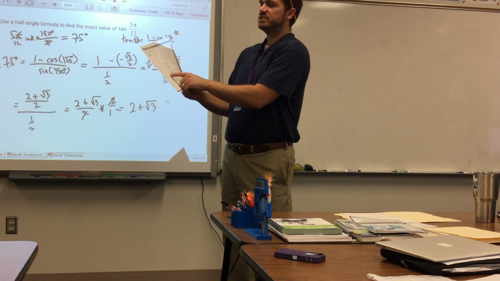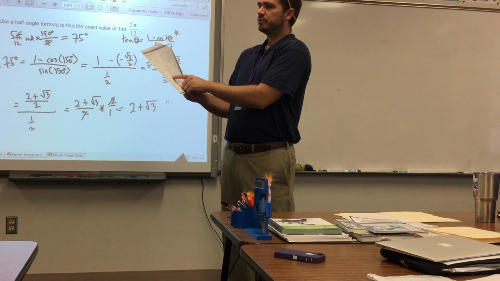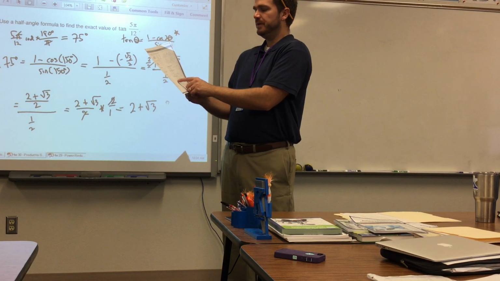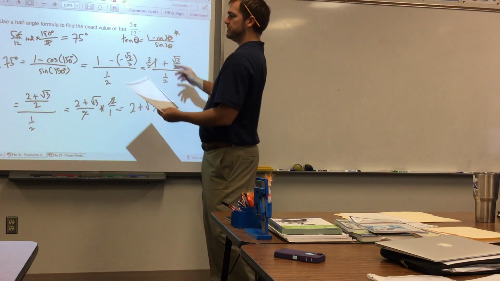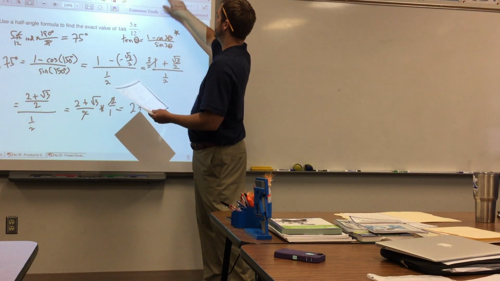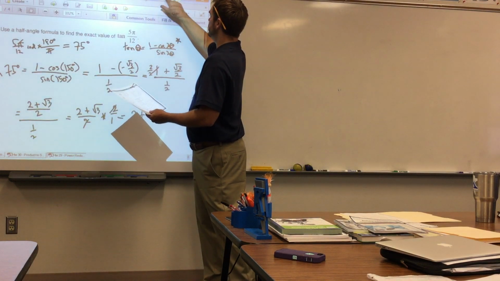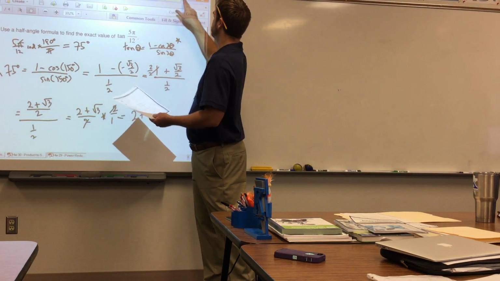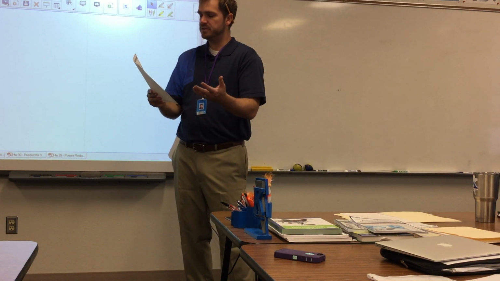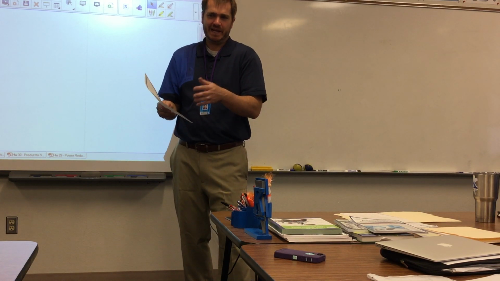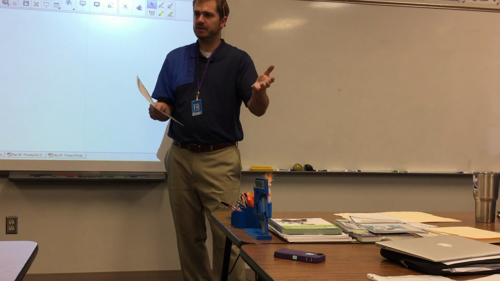Let's look at the sum to product formulas, all right? And let's look at the left-hand side of all of those sum to product formulas. What do you notice about the left-hand side, folks? They're the sums. Or sums and differences. But isn't a difference really just adding a negative number?